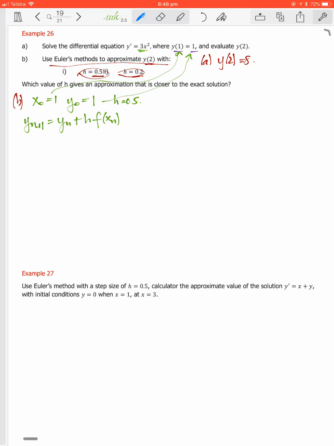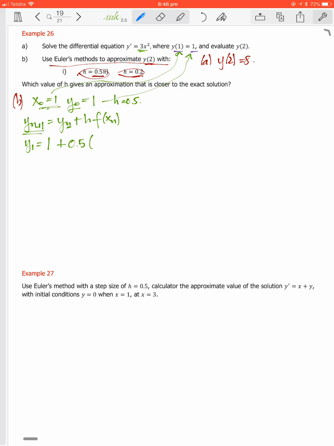Okay, so I want to find y2, my second y value. So I want to find y1 because I've got y0, I need to find the next one. So y1 is equal to y0, my previous value, which is 1, plus h, which is 0.5, times f of xn, which in this case xn is 1.